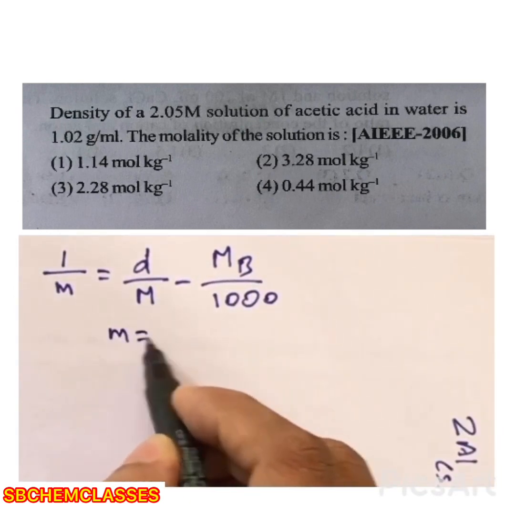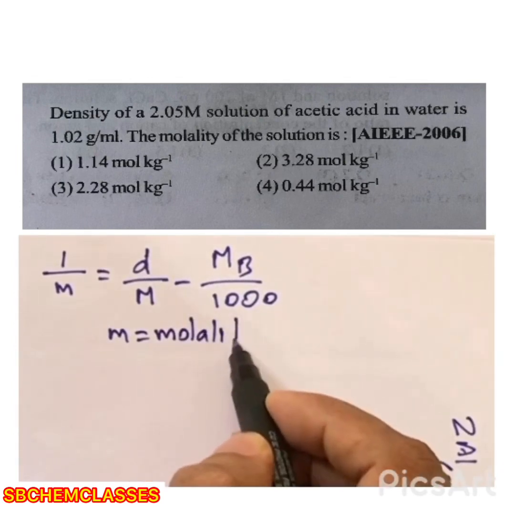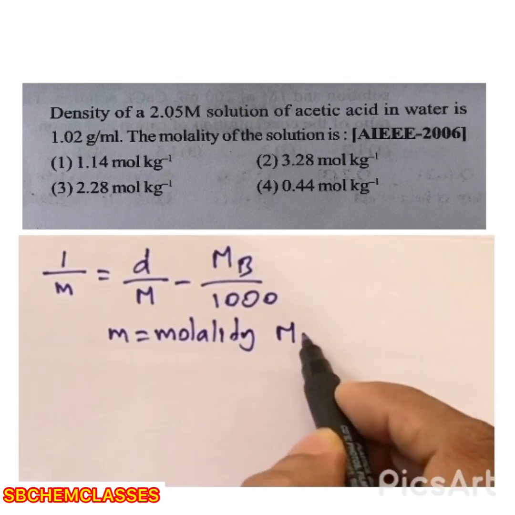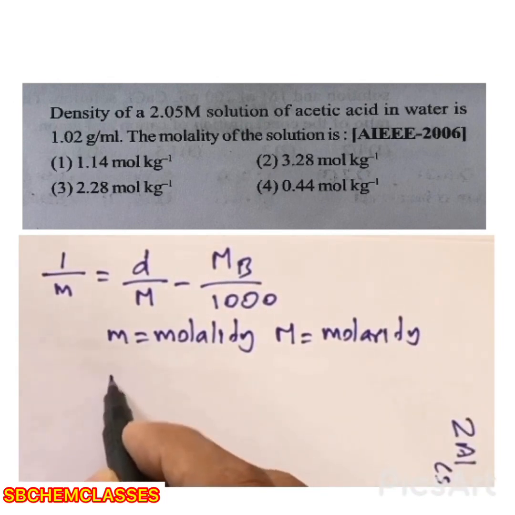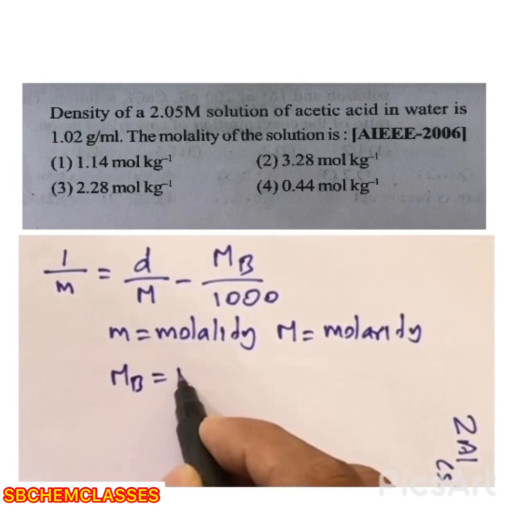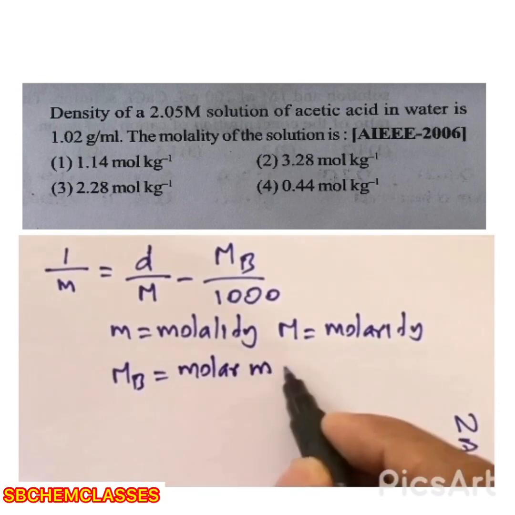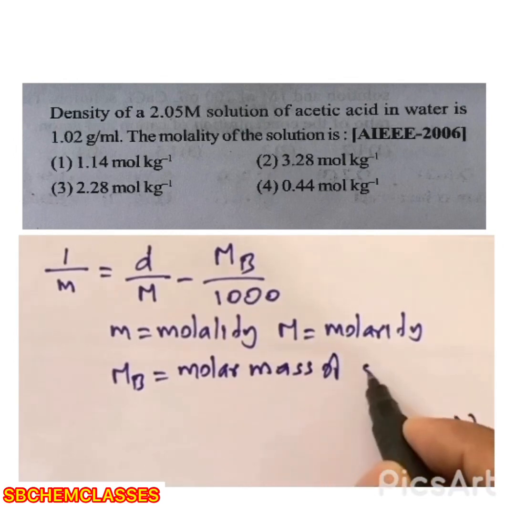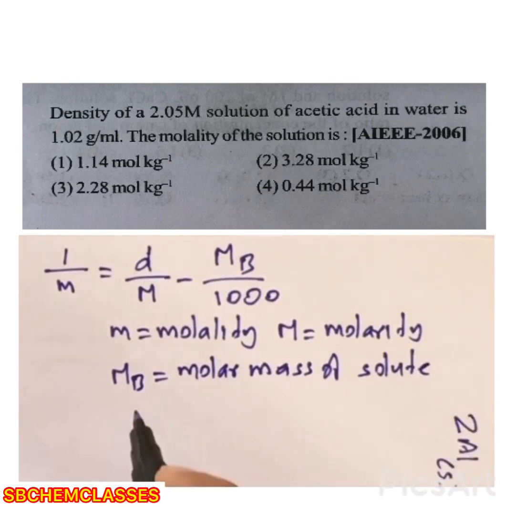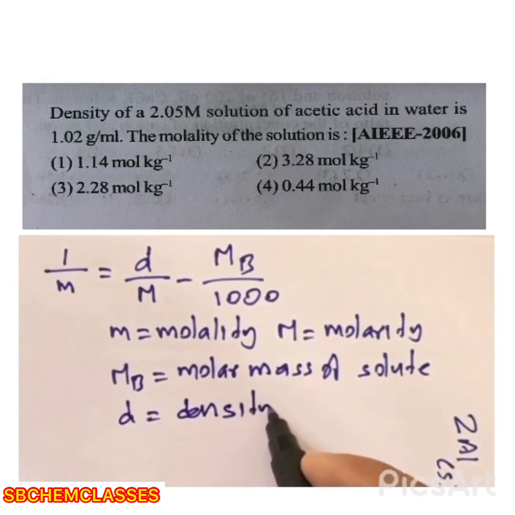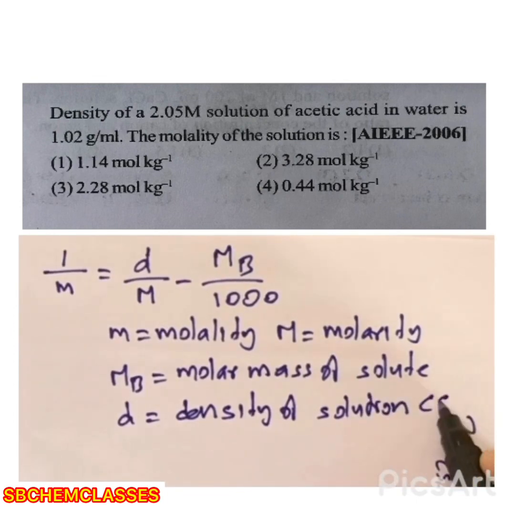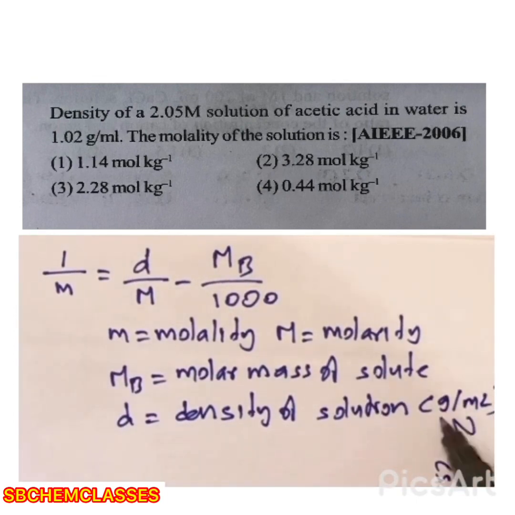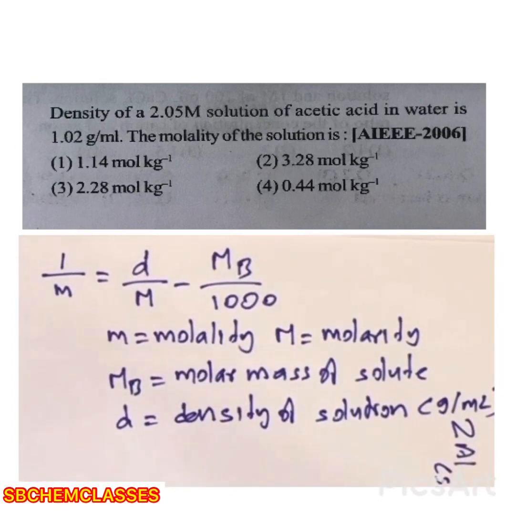Here small m is molality, capital M is molarity, mb is molar mass of solute, d is density of solution. But this density should be in the unit gram per milliliter. Then only this equation is useful.